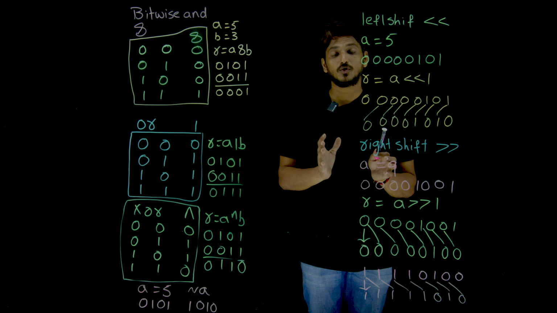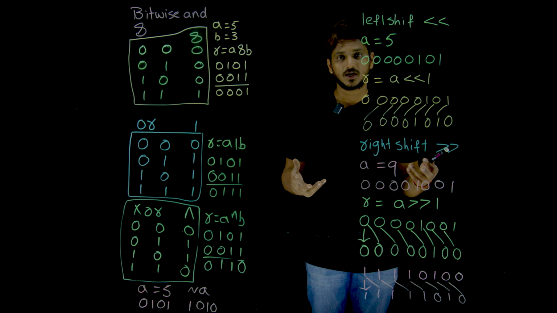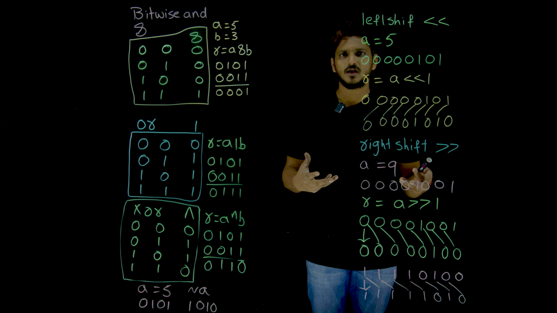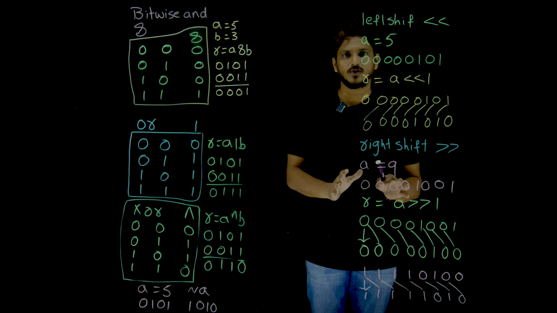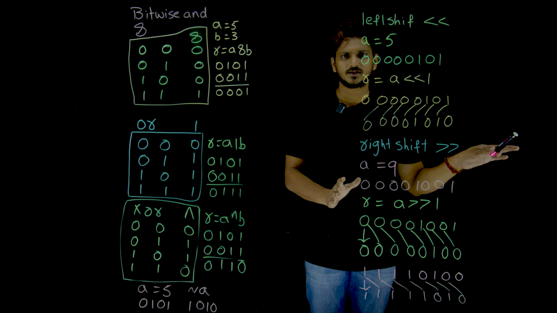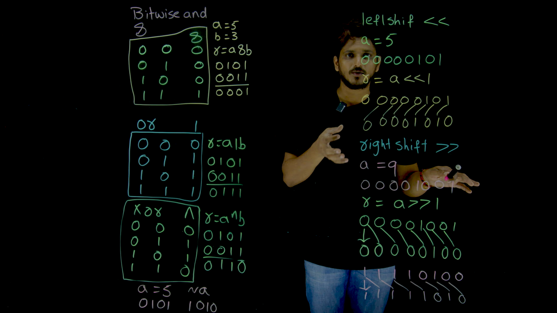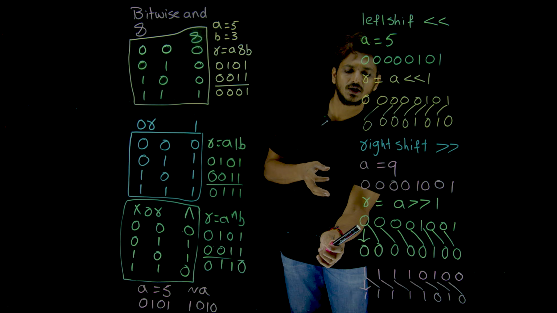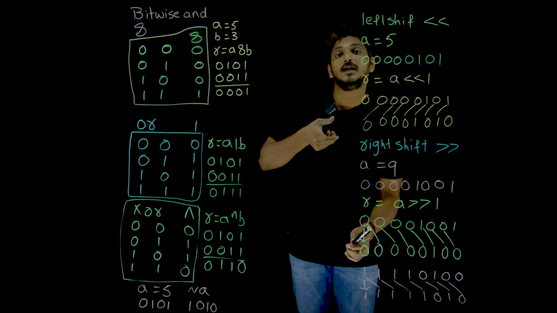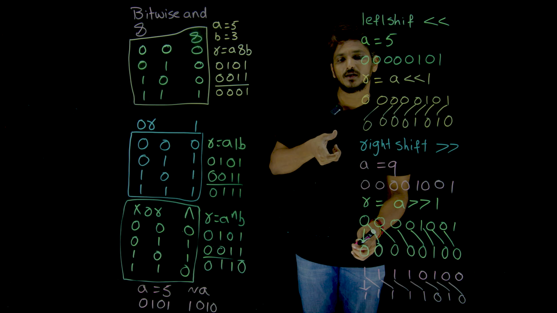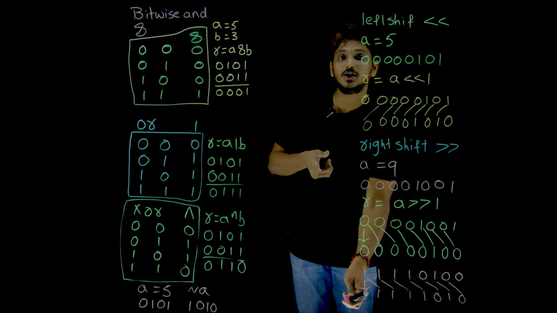Because if you don't know how negative numbers are represented in our computer, you don't understand this as of now. We are going to discuss it in our coming classes. If you already know how negative numbers are represented, the most significant bit is the sign bit. 0 means positive number, 1 means negative number.